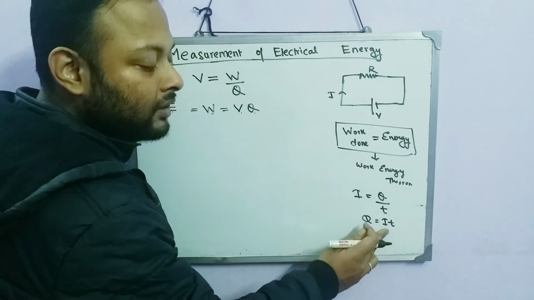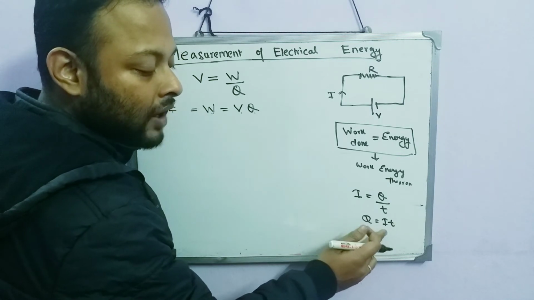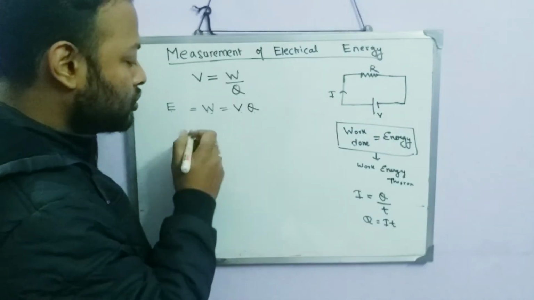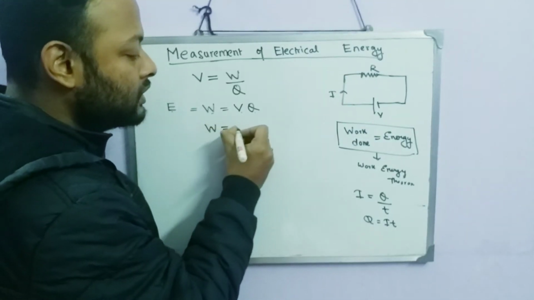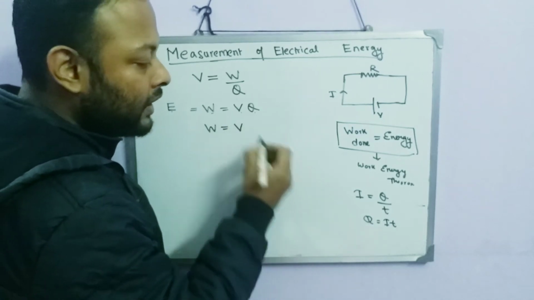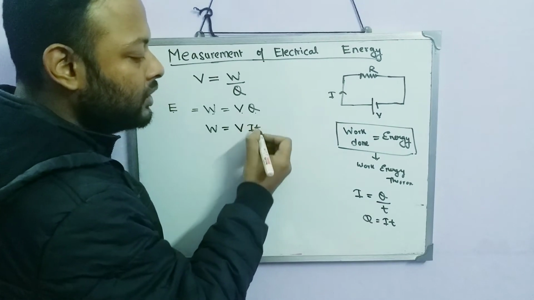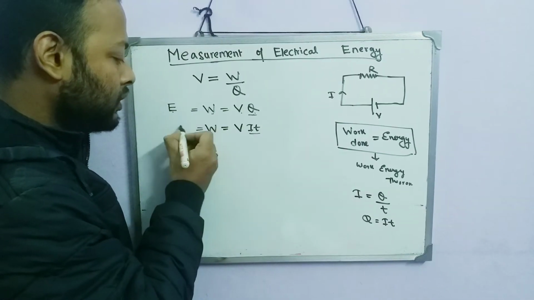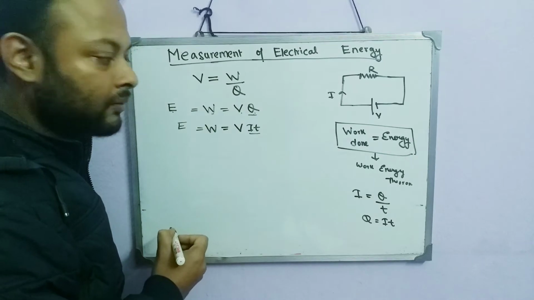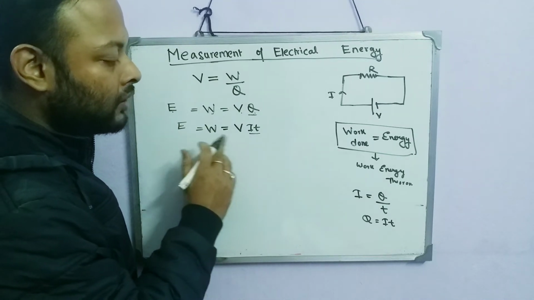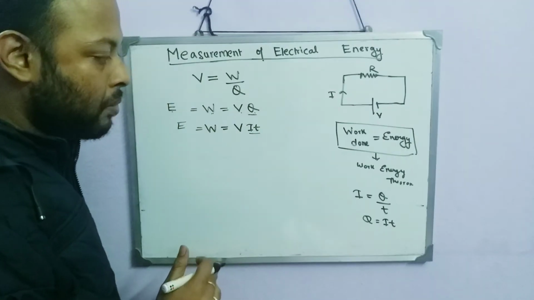We apply the value of Q in this equation. So work done is equal to V, instead of Q, I write I into T. So Q is replaced by IT, and that is also equal to electrical energy. So I got an equation, energy is equal to work done, which is equal to VIT.